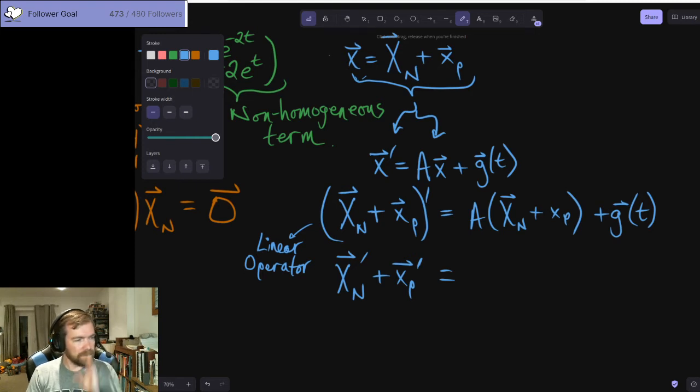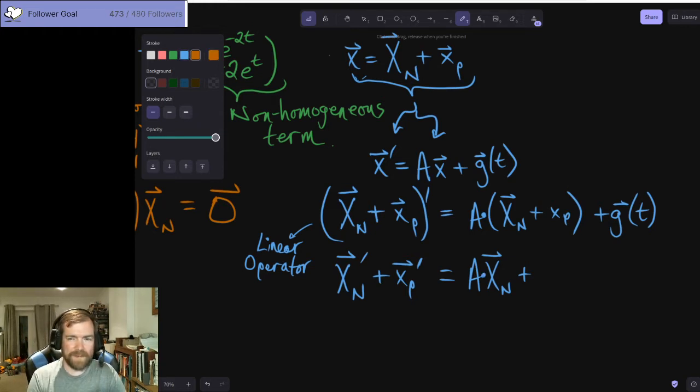your A x_n. The A is distributive, so again this is a linear operator. We can distribute the matrix A to x_n, however we have to keep it on the left. We can't willy-nilly change commutativity.